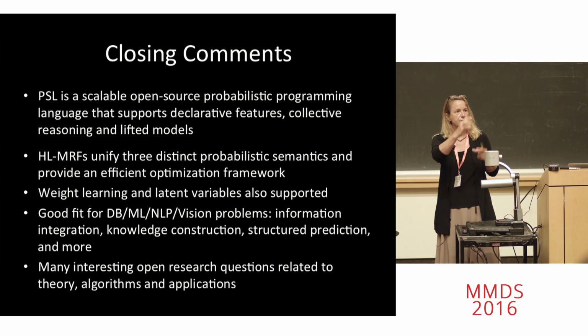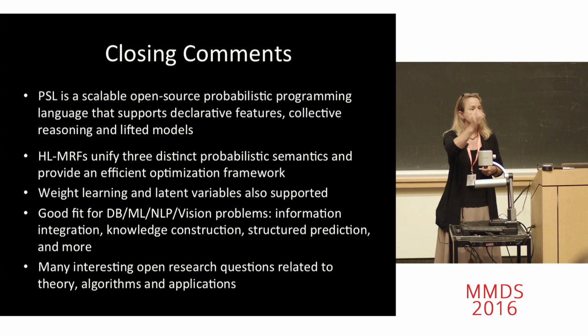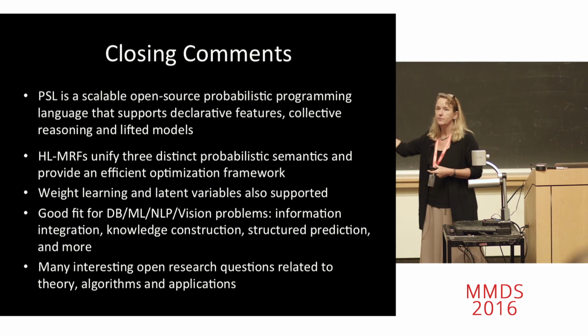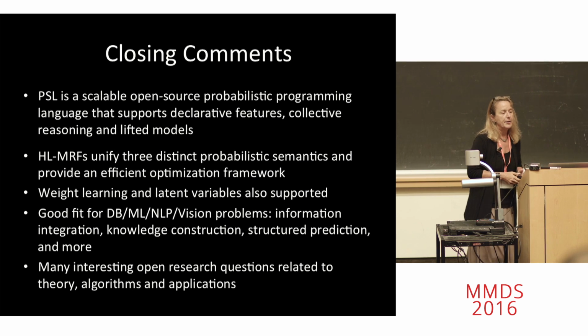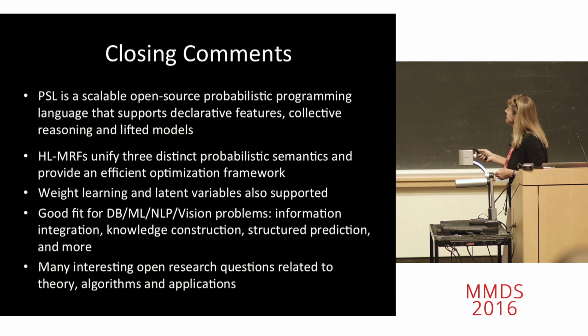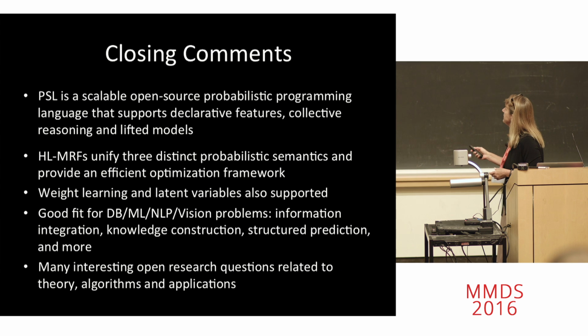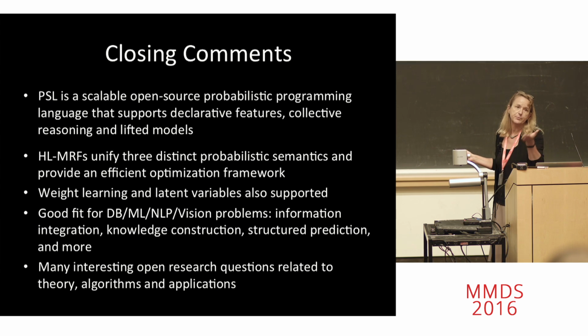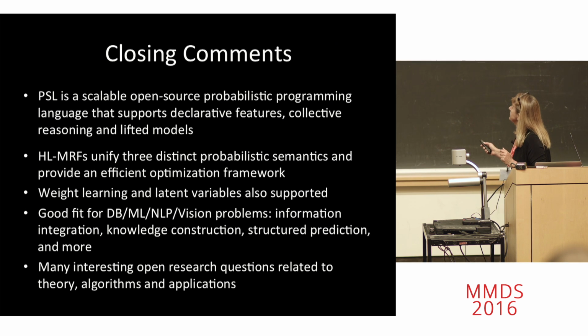These rules give you templates that are potential functions that get repeated over and over in the model. I didn't get to talk about it, but we also do weight learning, and we also do some work in latent variables. Latent variables, of course, break the convexity, but still we've been able to do some nice things there.